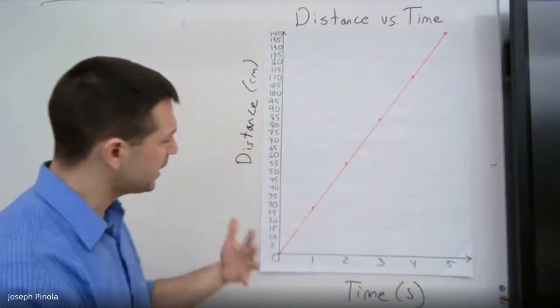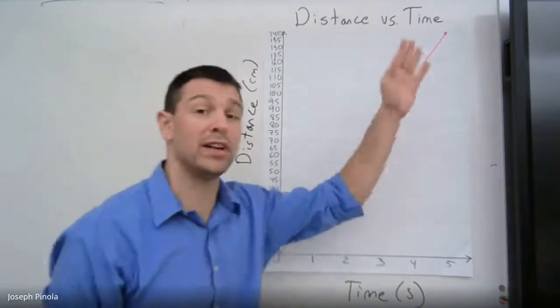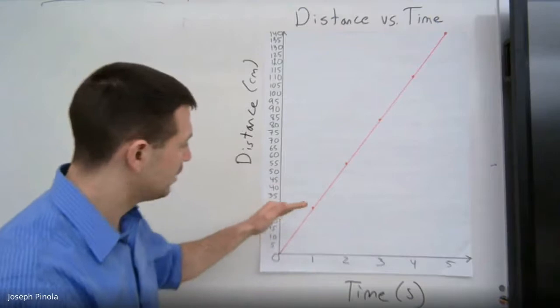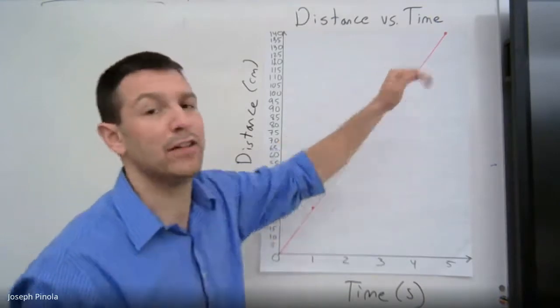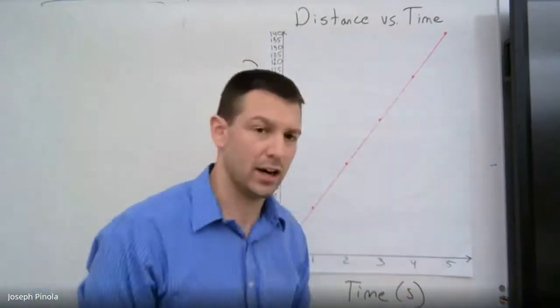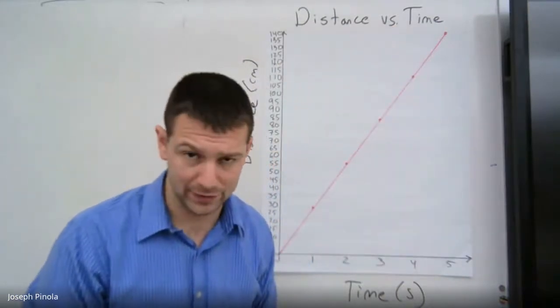Notice that this does not mean that the red train is moving uphill. Instead, it just means that every second, the red train is covering the same amount of extra distance until it ultimately reaches 140 centimeters in 5 seconds.